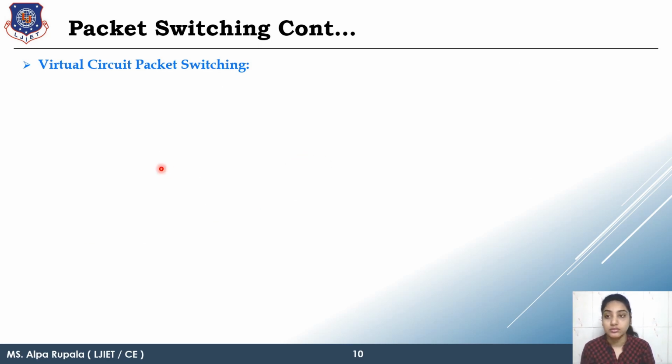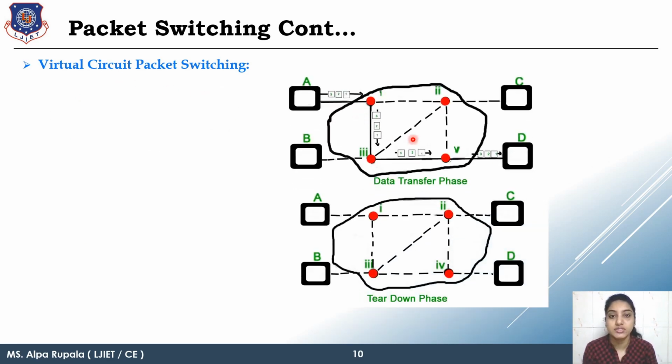Now, this disadvantage of datagram packet switching is overcome in the virtual circuit. Same as circuit switching, we have one predefined path, but this path is not a dedicated one. For example, node A wants to send data to node D. First, as in packet switching, we divide our data into smaller parts known as packets.